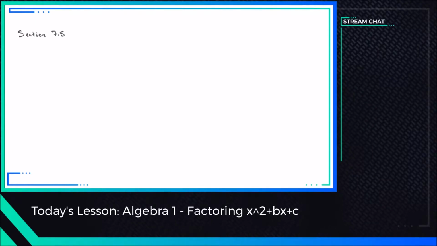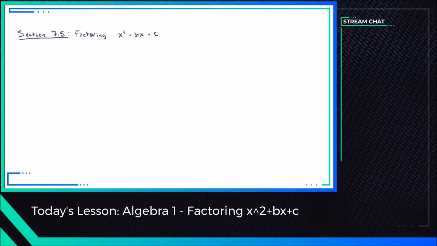All right, and section 7.5 is going to be about factoring the following polynomials. Anything that looks like x squared plus bx plus c. When you are factoring, there are some standards that we're going to set forth today.